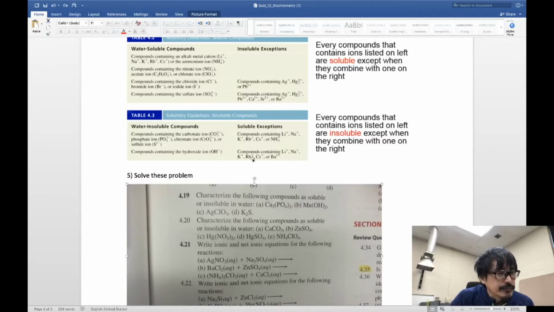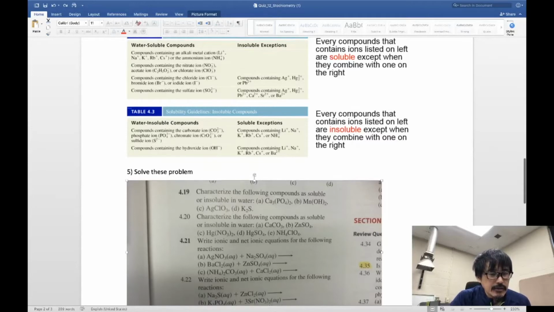NH4ClO4, do I see the ClO4? NH4, yeah, I see NH4, anything with it is going to be water soluble, so that's going to be AQ.